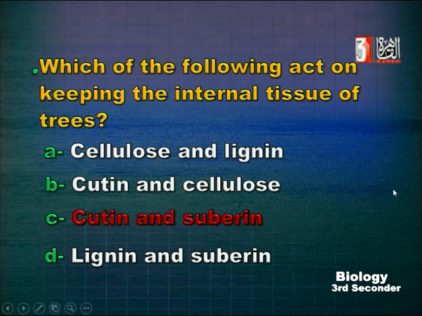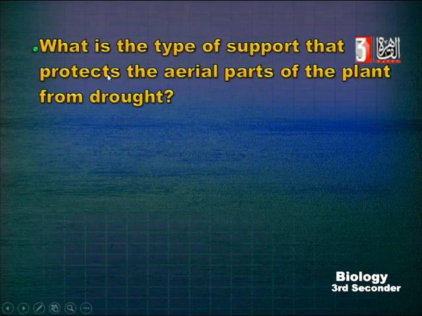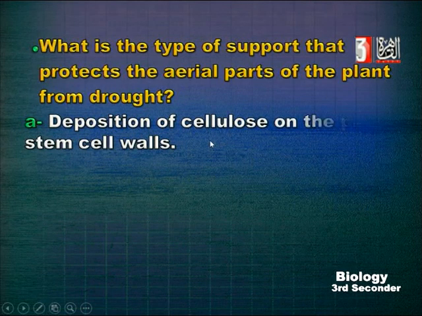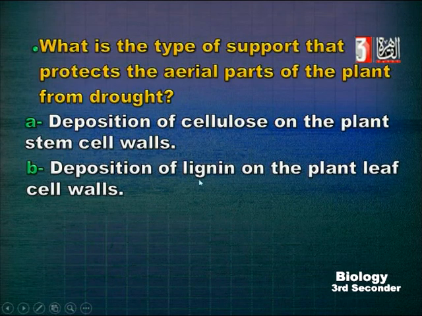stem and the plant. Another question: what is the type of support that protects the aerial parts of the plant from drought? Deposition of cellulose on the plant stem cell walls. Aerial parts meaning parts exposed to air, such as stem and leaves. Drought meaning lack of water. Deposition of lignin on the plant leaf cell wall.